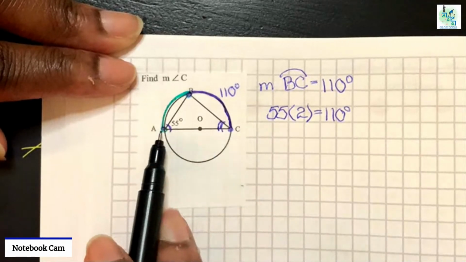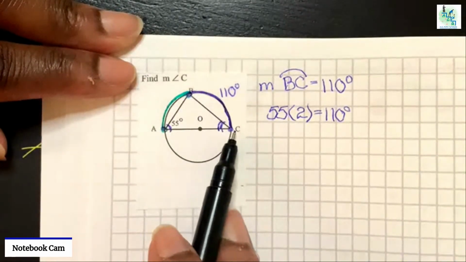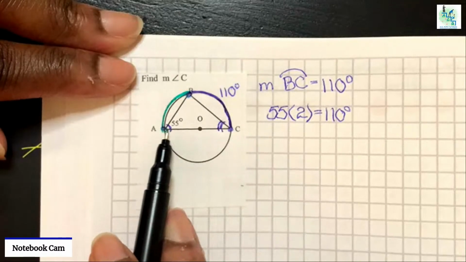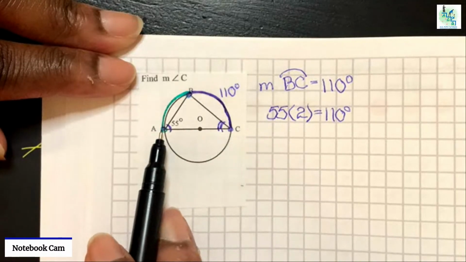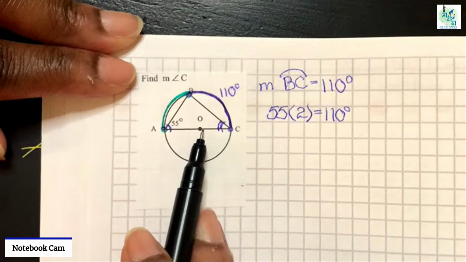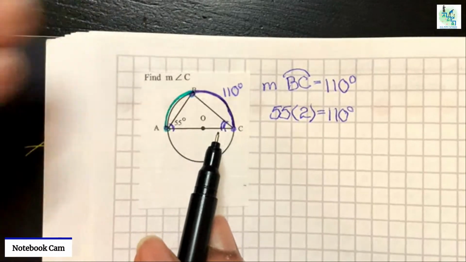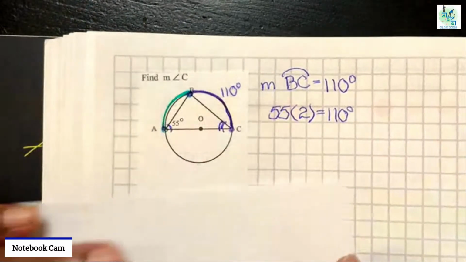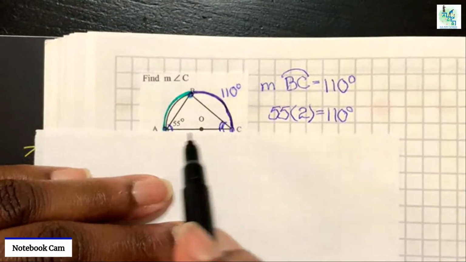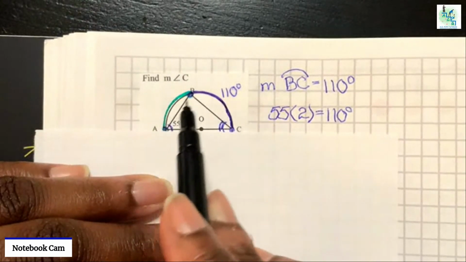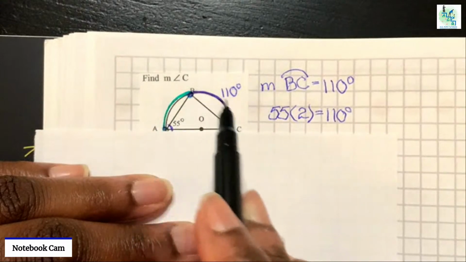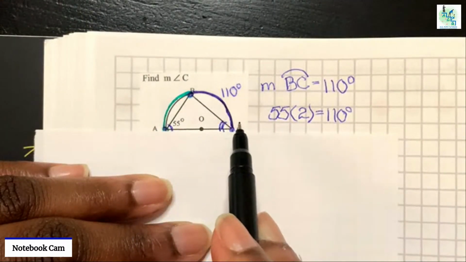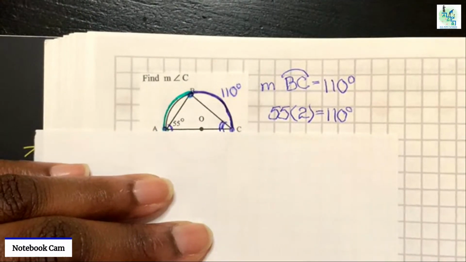Well, if you haven't noticed, AC, that's a diameter. It's a segment or a chord that's going through the center of your circle. So that means if I cover this up, from here to here, that's half a circle. And half of a circle or a semicircle is 180 degrees.